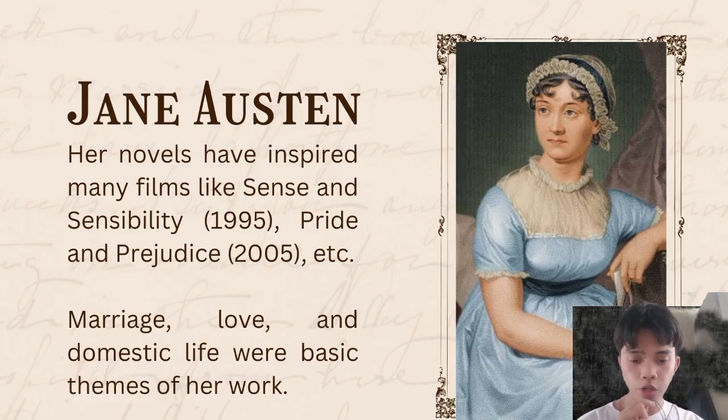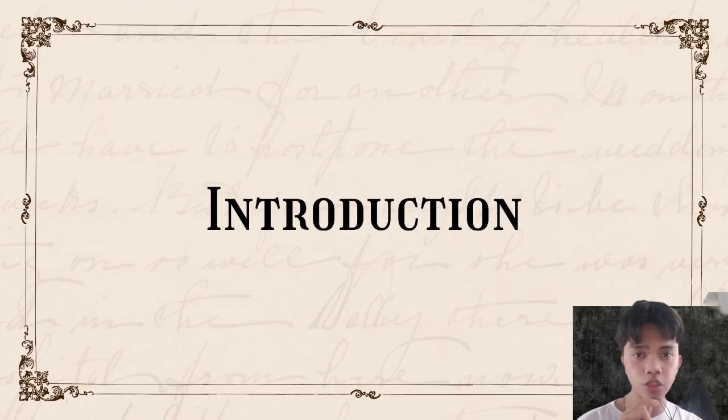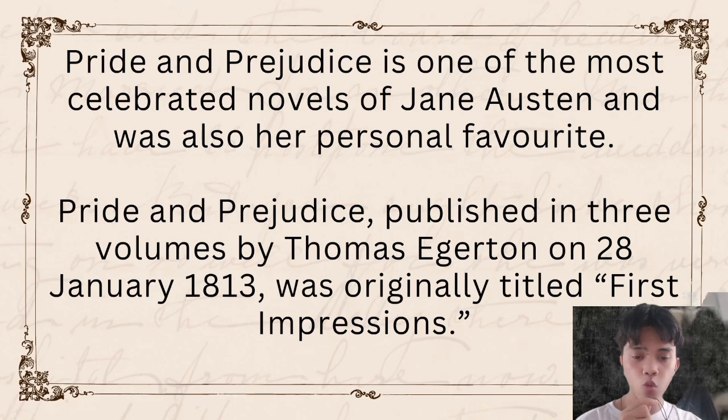Marriage, love, and domestic life were basic themes of her work. Before that, let's have the introduction of Pride and Prejudice. Pride and Prejudice is one of the most celebrated novels of Jane Austen and was also her personal favorite.